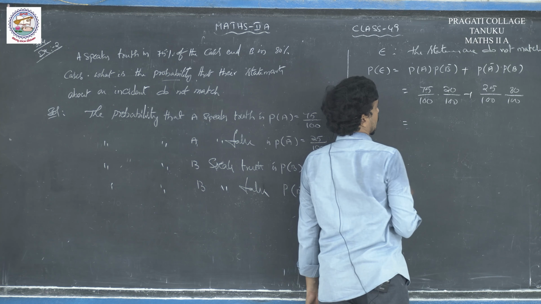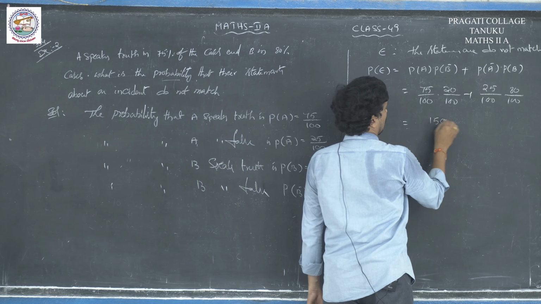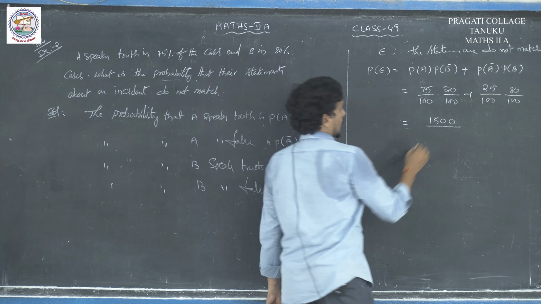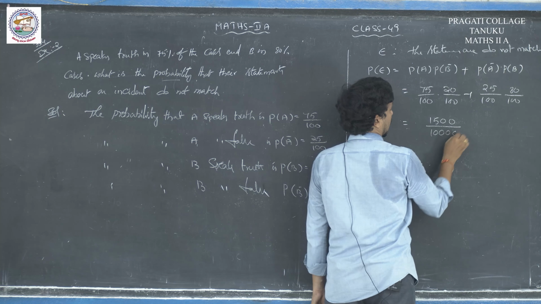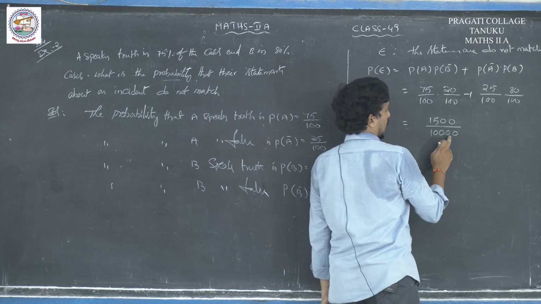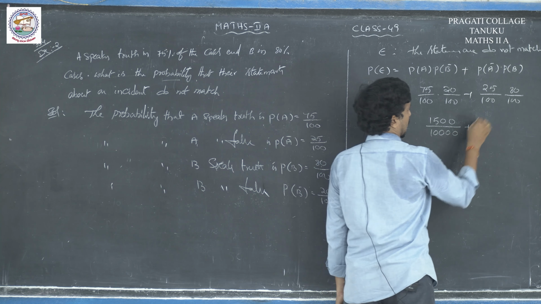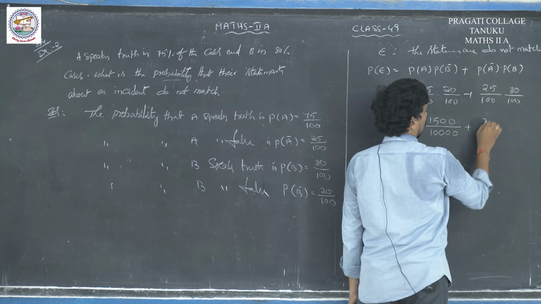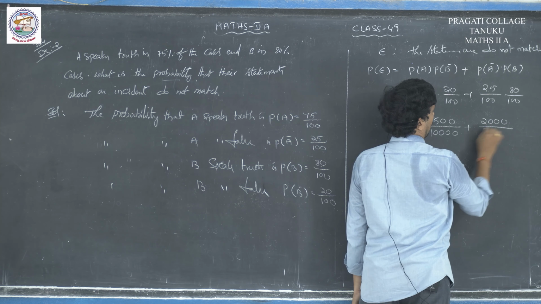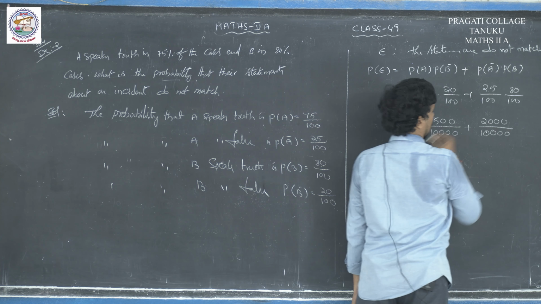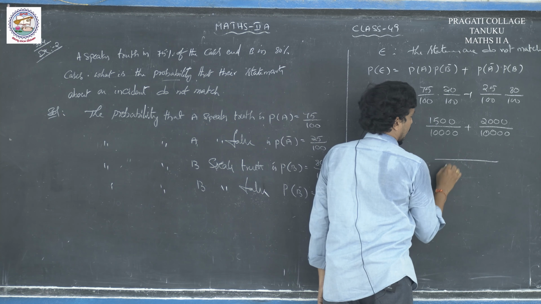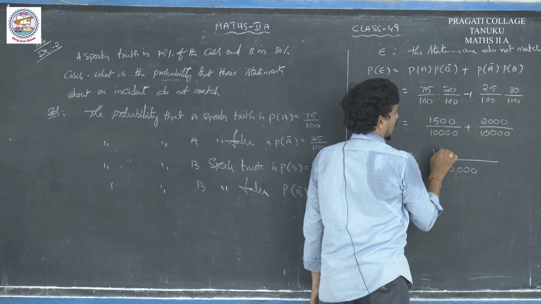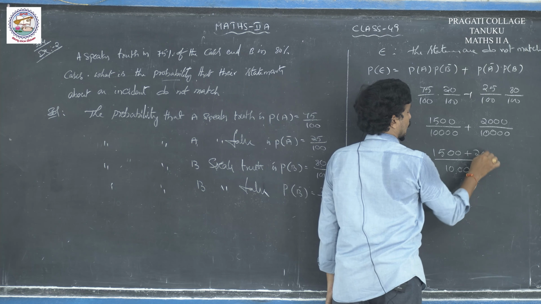Here 75 into 20 is 1500, by 100 into 100 means 10,000, plus 25 into 80 is 2000 by 10,000. Here the denominator is the same. The value is 1500 plus 2000.